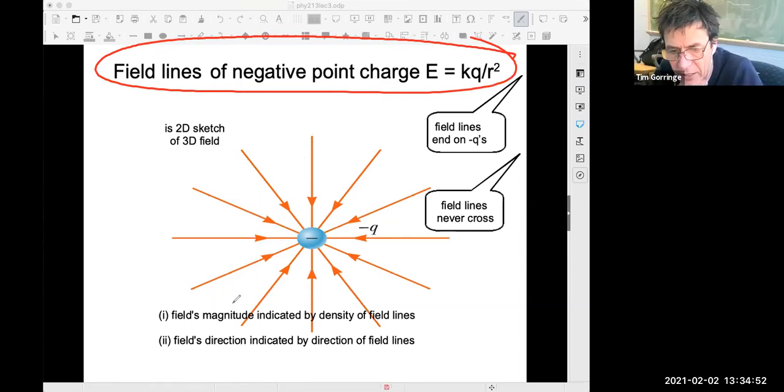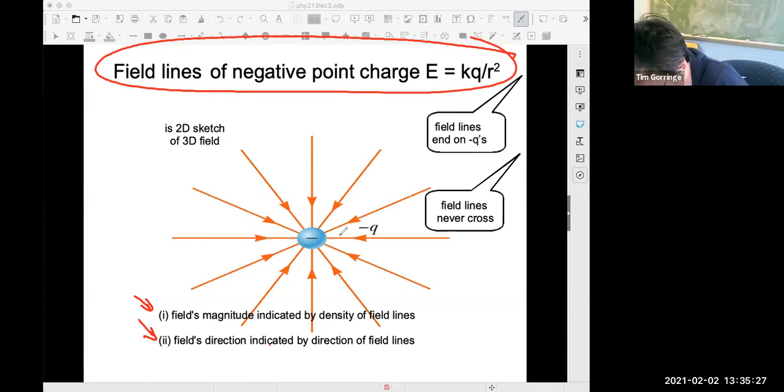Again, just to stress, the density of the field lines, whether they're closely packed together or loosely packed together, indicates the strength, the size, the magnitude of the electric field. The direction of the field lines indicates the direction of the electrical field. So these are the two key things about drawing field lines that tell you the size of the electrical field and the direction, the orientation of the electrical field.